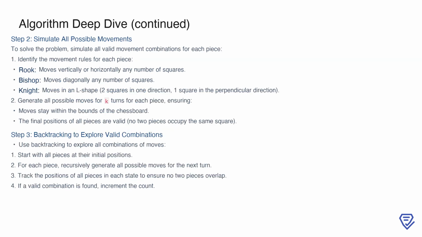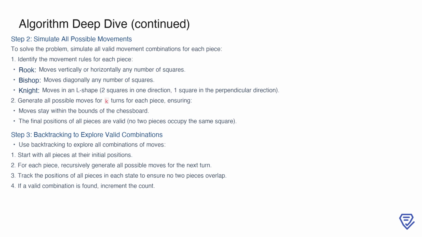To tackle this problem, the first major step is simulating all possible movements for each chess piece. This requires understanding the movement rules for each type of piece: rooks move vertically or horizontally, bishops move diagonally, and knights move in an L shape. For each piece, all possible moves over k turns must be generated, ensuring that moves remain within the bounds of the board and that pieces never occupy the same square.